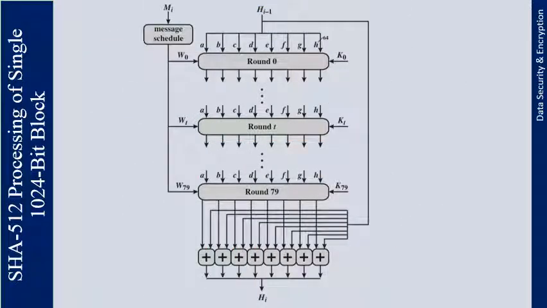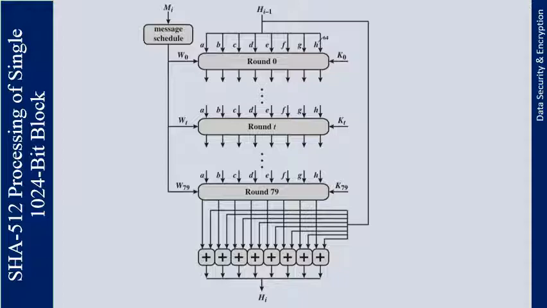The heart of the algorithm is a module that consists of 80 rounds, and this module is referred to as F. Each round takes as input the 512-bit buffer value A, B, C, D, E, F, G, H and updates the contents of the buffer.